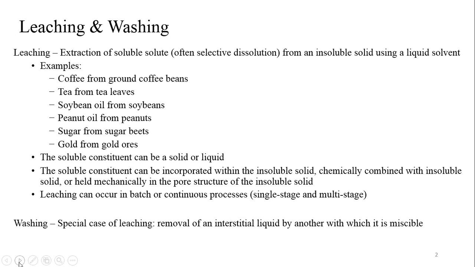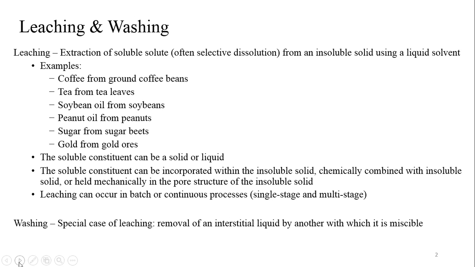This is in general removal of what we're going to call here an interstitial liquid by another with which it's immiscible. Now, I know that sounds kind of convoluted, so let me see if I can explain that a little bit better. In washing, typically you might want the solid, and there might be something associated with that solid via upstream processing, some sort of liquid around it.